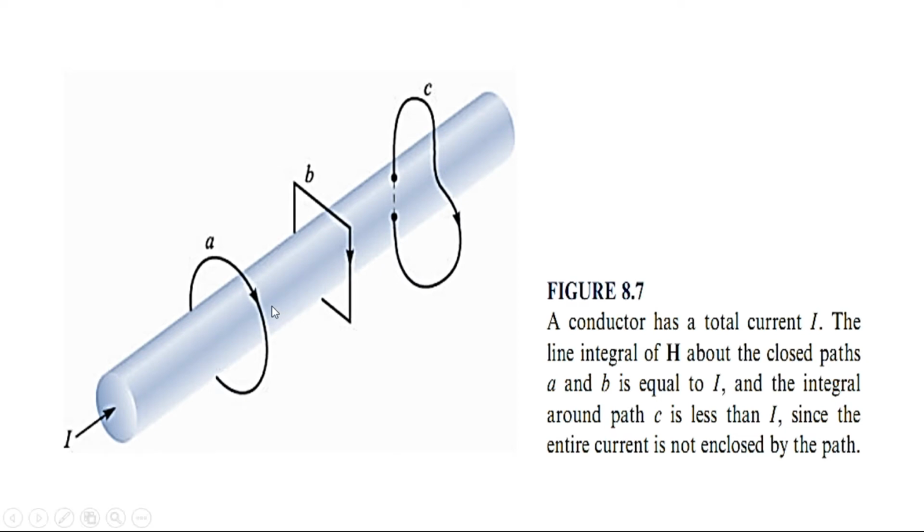If we divide these closed paths into differential increments, those increments will be different, but the summation of those small portions gives us the same answer.